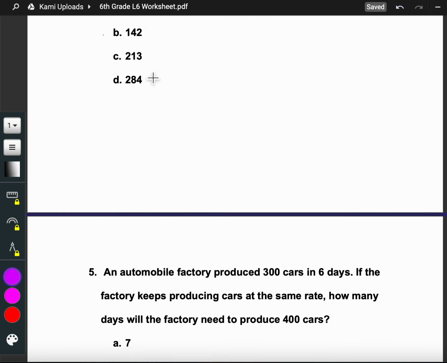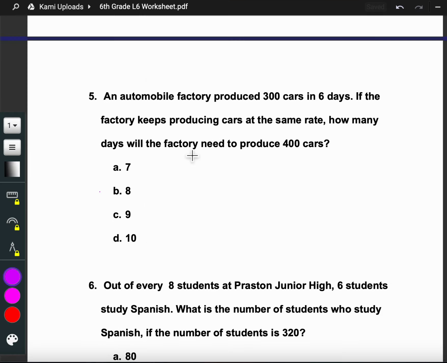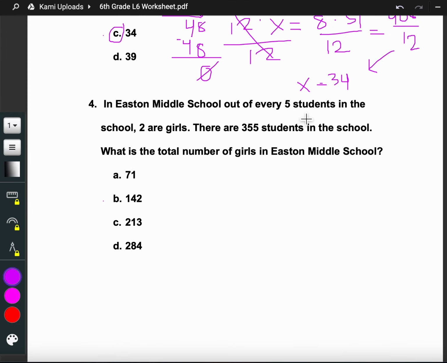I'm going to do this one, and then I'm going to skip to the last one as well. So it says, in Eastern Middle School, out of every 5 students, there are 2 girls. And if there are a total of 355 students in the school, what is the total number of girls in Eastern Middle School? So this is a little different. So out of every 5 students, there are 2 girls.